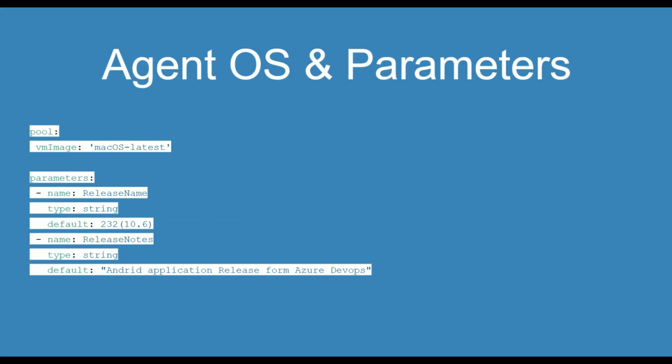Then 232 is the release name, and under that 10.6 is the release version for me. Here, if the release name you mentioned in the last mobile app you uploaded to the Google Play Store is 232, then you can't upload the same. You have to make it 233, different from the last one.